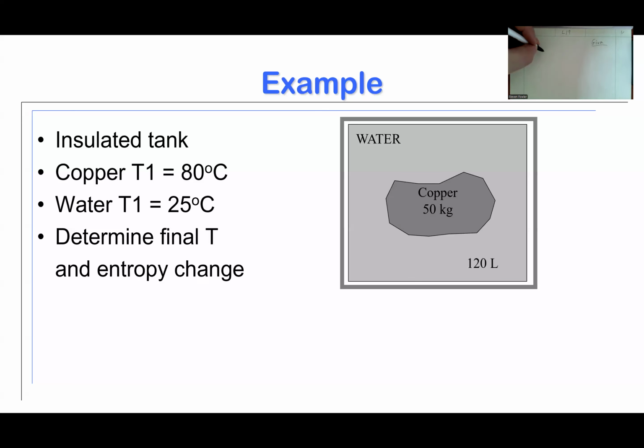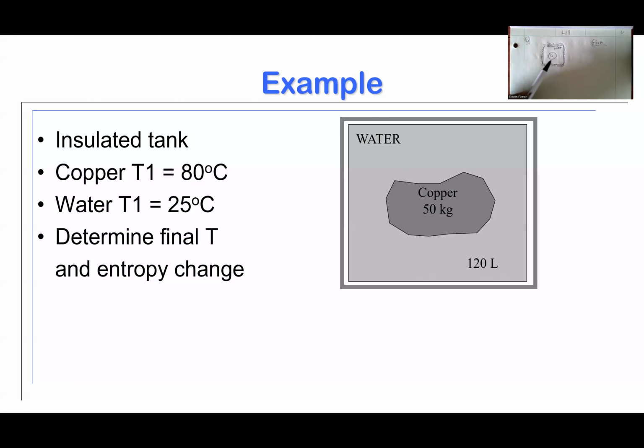So what do we got here? We've got this insulated tank. I'm going to put some shading around it to represent insulation. So we got this insulated tank sealed up, and inside this tank, we've got water and we got a hunk of copper. All right, so we got water and copper.